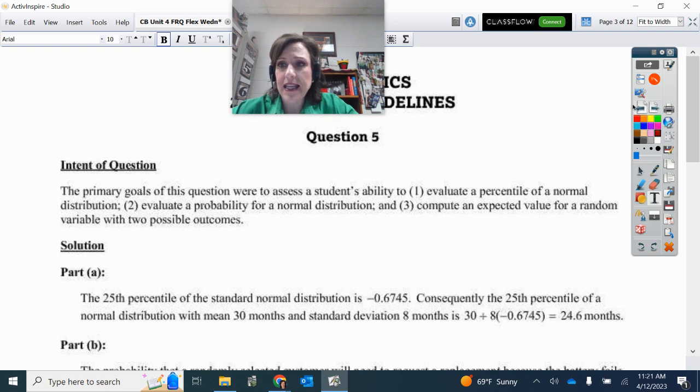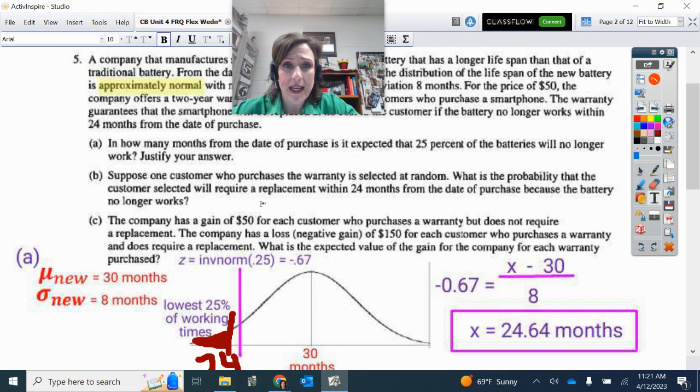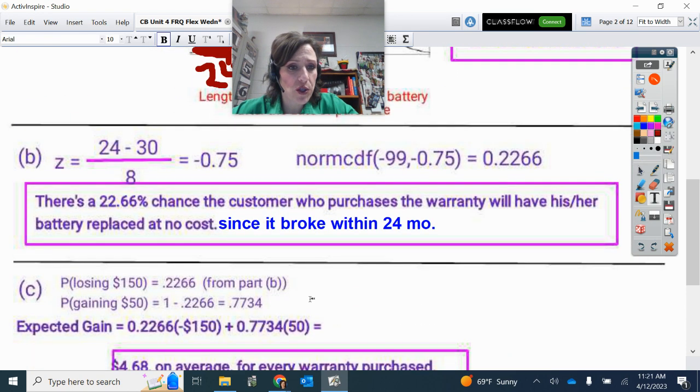Next is the last part, and that was about a weighted average to see the expected value of the gain. So if you think about it, this 22.66% of the time, that is the proportion of phones that will cost the company $150 because they had to be replaced that percent of the time.